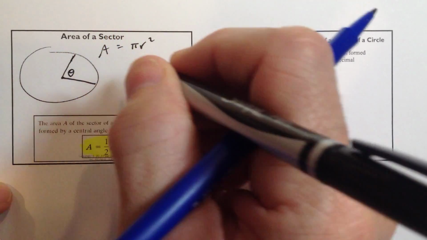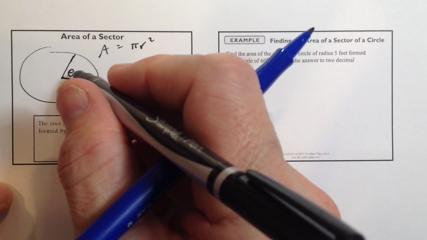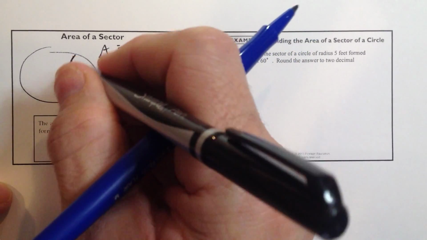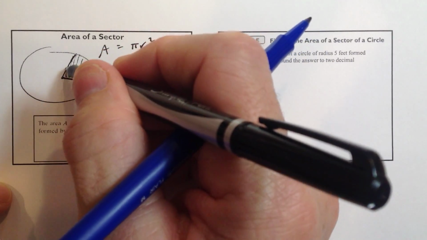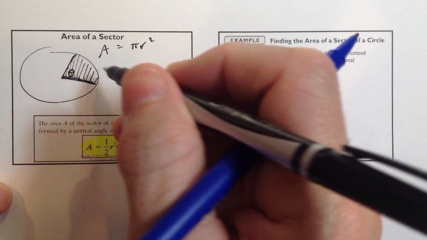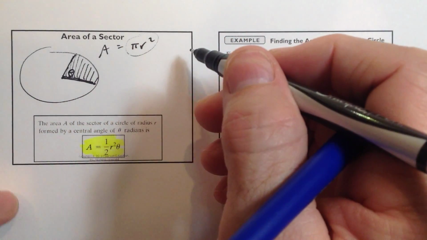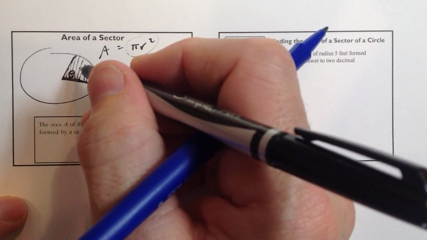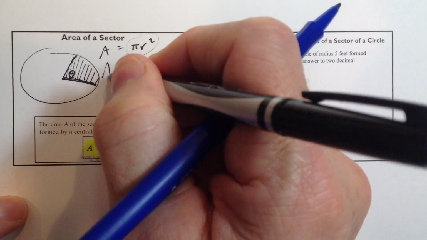We have an angle like that, and we know that angle is a part of the circle. So we're talking about a sector, by the way. That sector is like a piece of the pie. So one piece of the pie. The entire pie is pi r squared, interestingly enough. No pun intended.